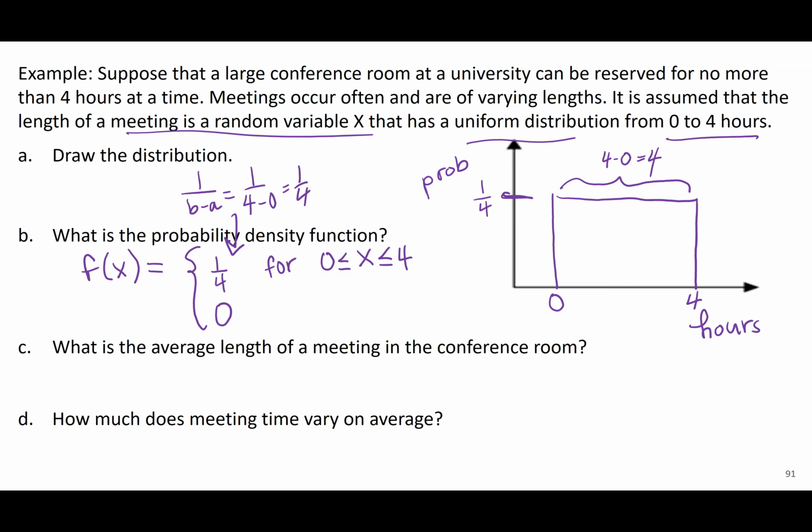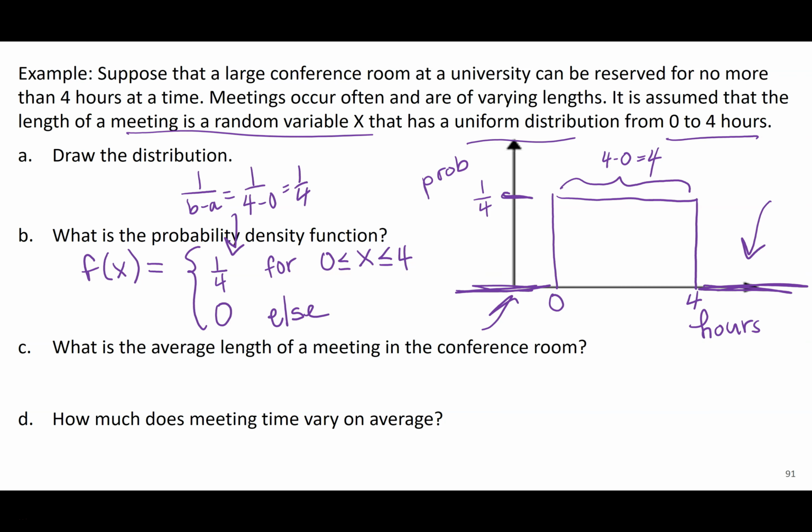And then I'm going to have no probability anywhere else. To be fair, you can't actually reserve any conference room for negative amounts of time, right? Short of having an actual time machine. But this also indicates that it's strictly not allowed to have conference reservations for longer than 4 hours. So 0 else.